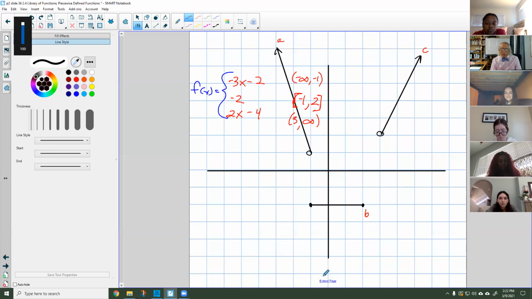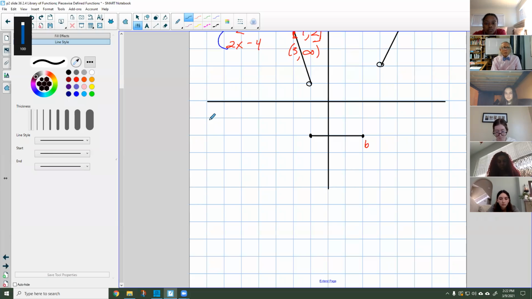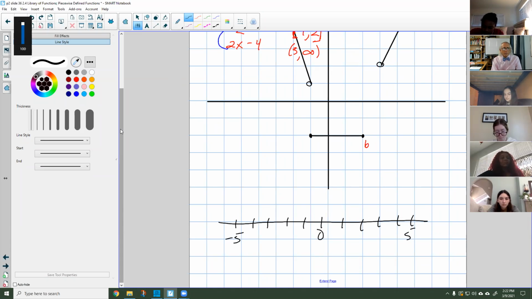Well, the range on this one actually, as I'm looking at it, is a little bit complicated. So let's just look at the domain first. I'm going to make a number line here: negative 5 to 5.